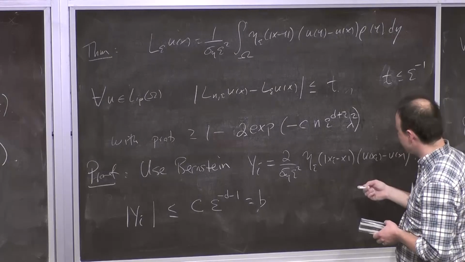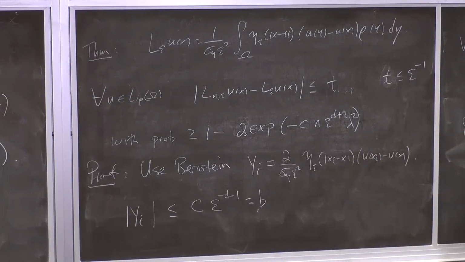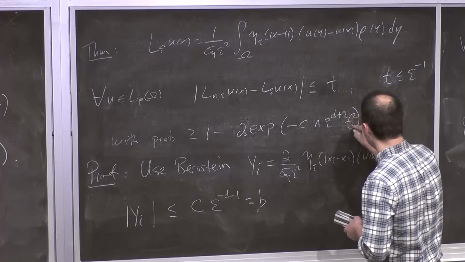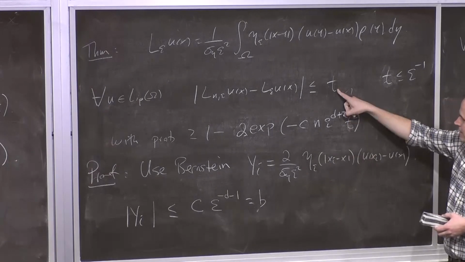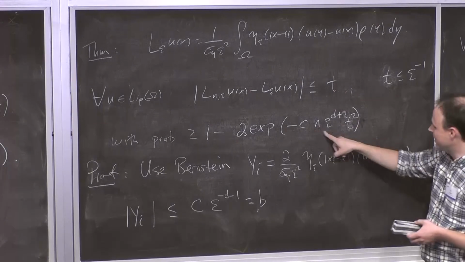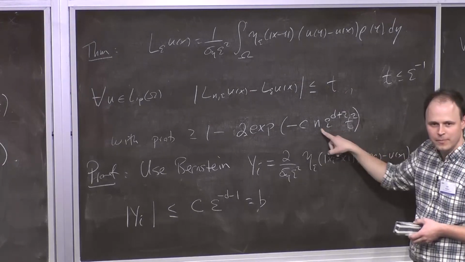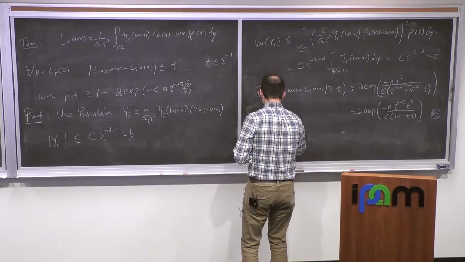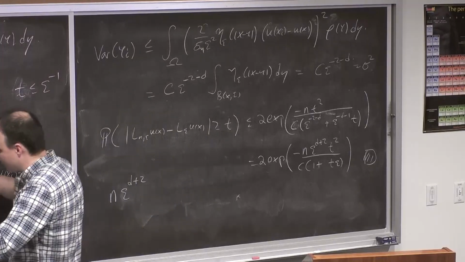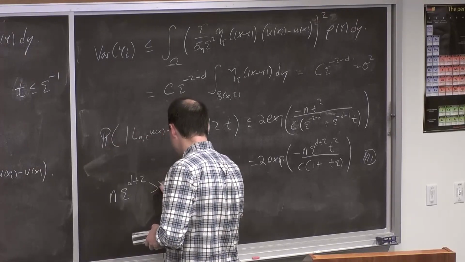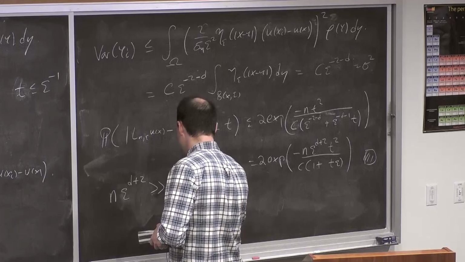This already gives you a condition on the length scale, because you want this to be a small probability over here. If you want it to be a small probability for t being less than 1, then this quantity here has to be large. So you get a condition automatically that n epsilon to the d plus 2, actually you're going to have to union bound over the whole point cloud, so this is going to have to be at least as big as, or much bigger than, log n in the end.